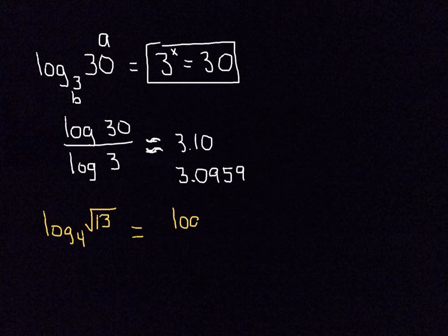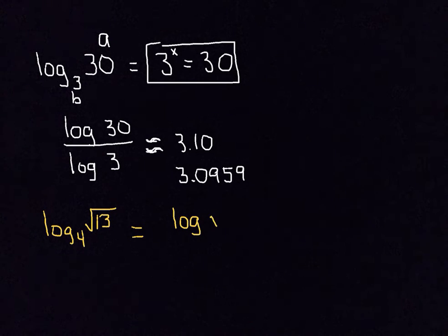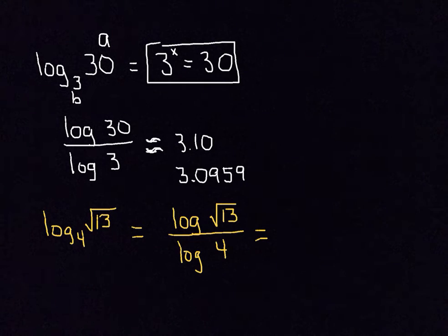You're able to change anything to log of base 10 by just taking the log of A and dividing it by the log of what B is. So use your calculator here. Log of the square root of 13 divided by the log of 4, not the square root of 4, just 4, is approximately 0.9251, to 4 decimal places.